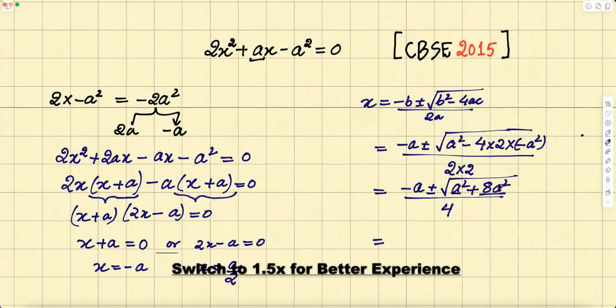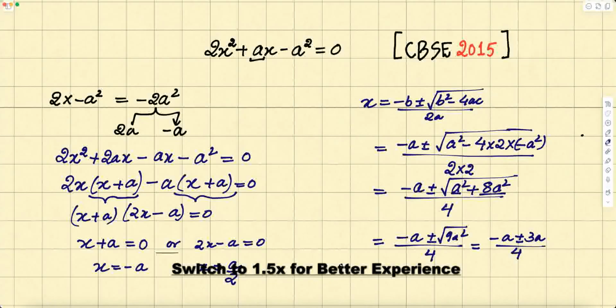So a square and 8a square will become 9a square. So we will write it as minus a plus minus root over 9a square, divided by 4. Now we already know a square is a perfect square and 9 is also a perfect square. So we will write it as minus a plus minus 3a, divided by 4.